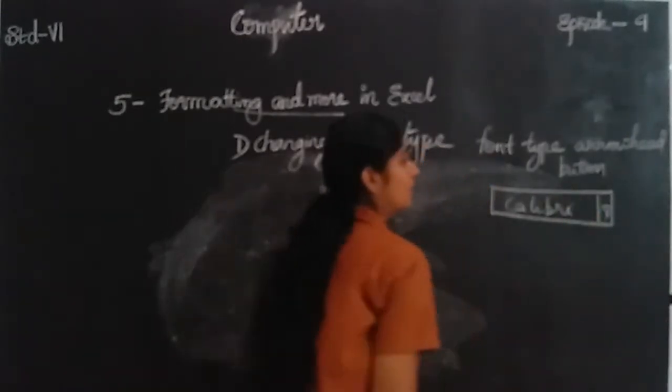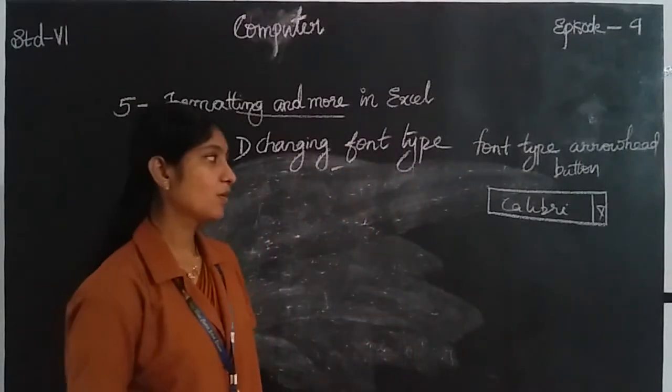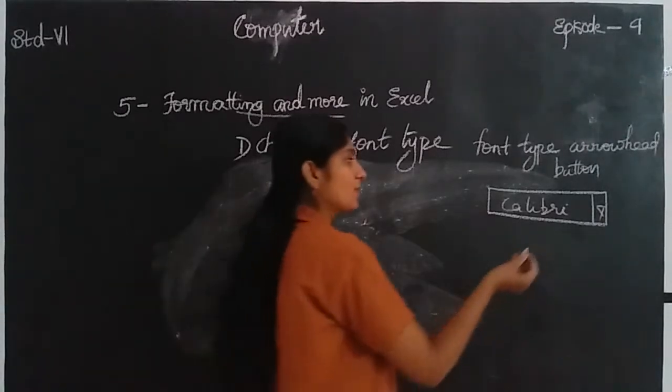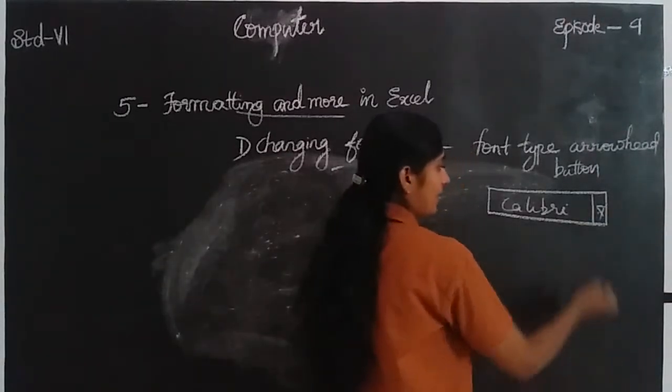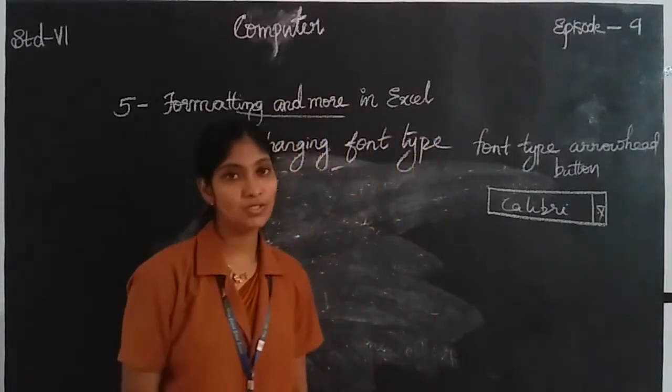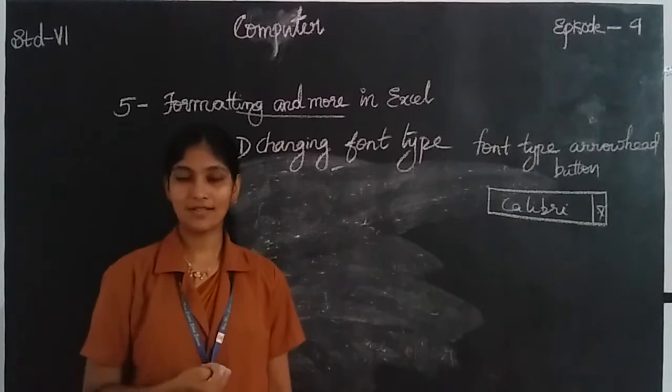A type of font is calligraphy. You can change to another font type using this arrow. There is a drop down list here, so you can select your suitable type according to your requirement.